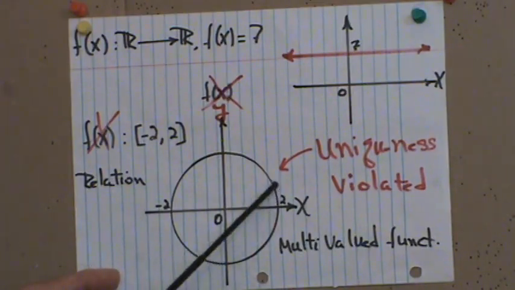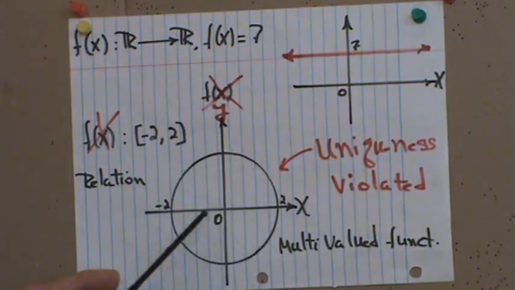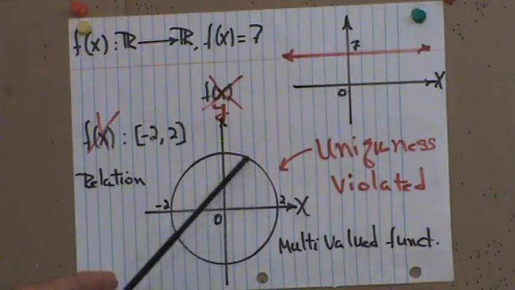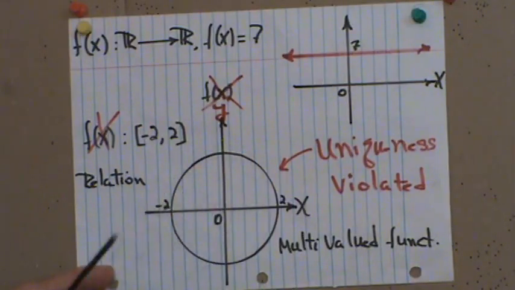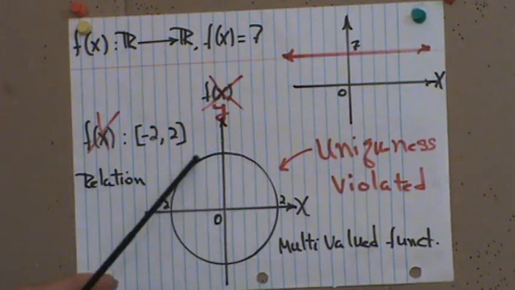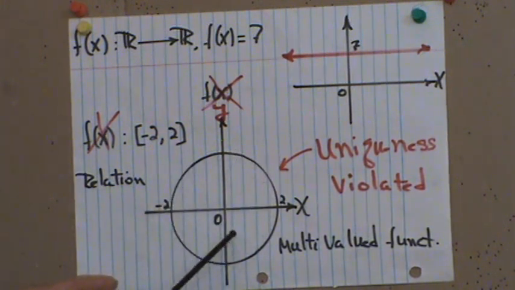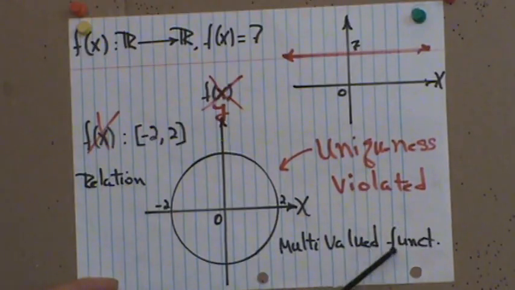Again, the word function is used also for this one. But in the freshman and sophomore level mathematics, we said that is not a function. We said that is a relation. Now the reason those textbooks, a little bit harder, also call them function, but they call them multi-valued function.